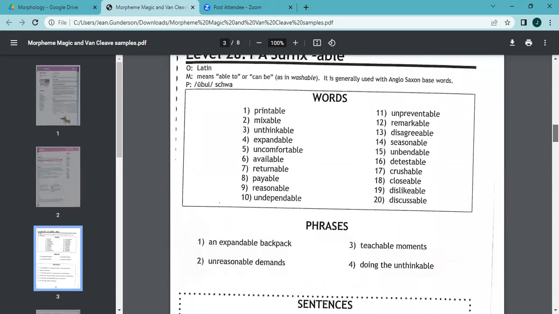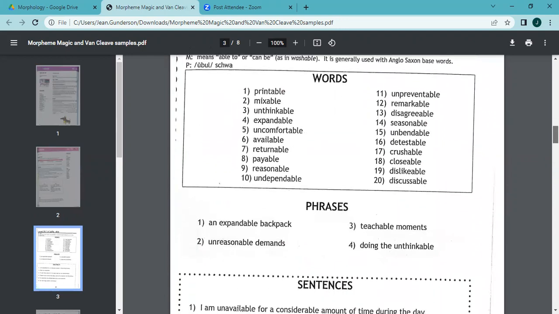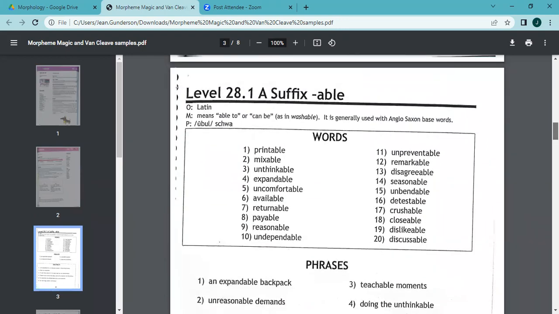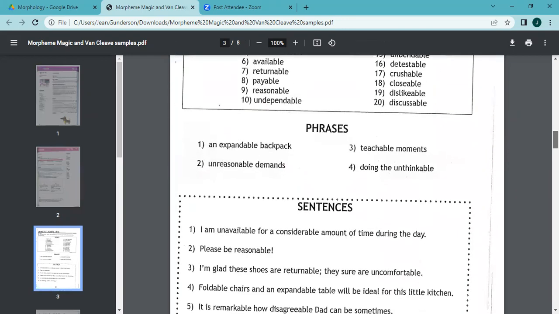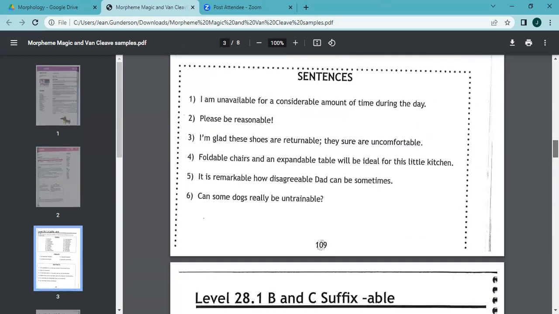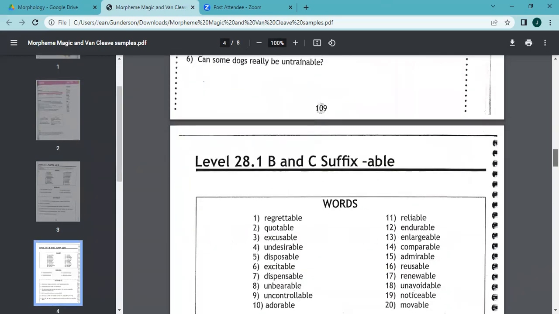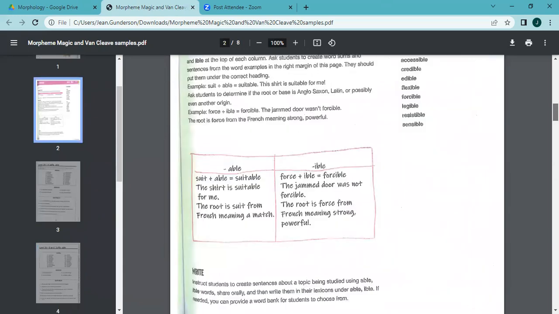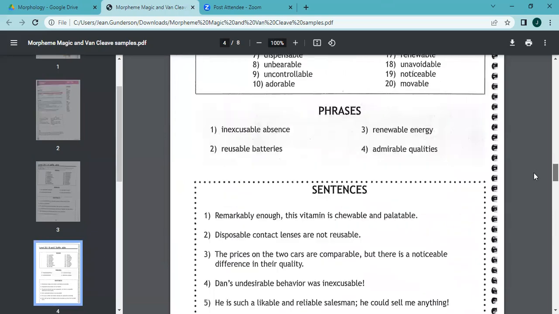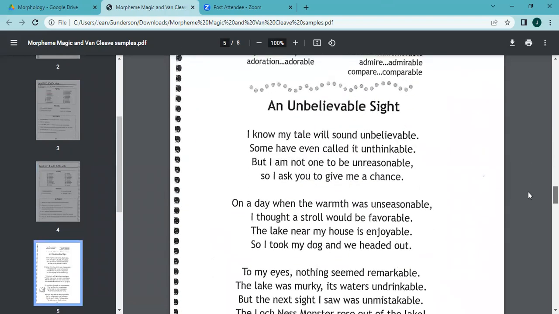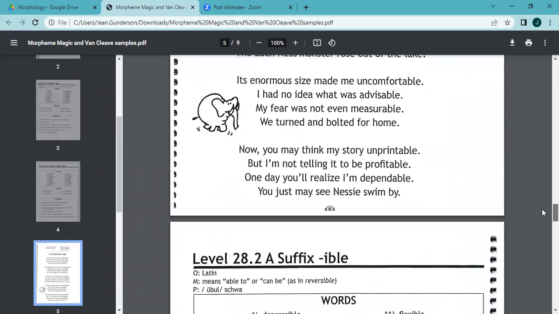So this has a whole bunch of words. So with able, A-B-L-E, it says that it comes to us from Latin, means able to or can be, and then phrases, and then sentences. And here is, let's see here. Okay, more. And then they do have connected text in the Van Cleve book.